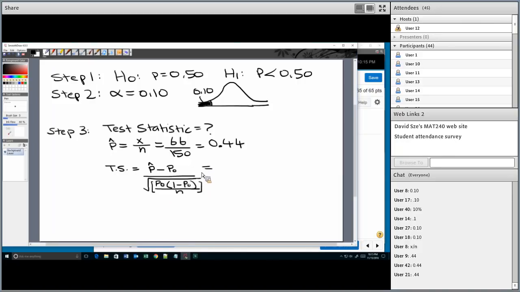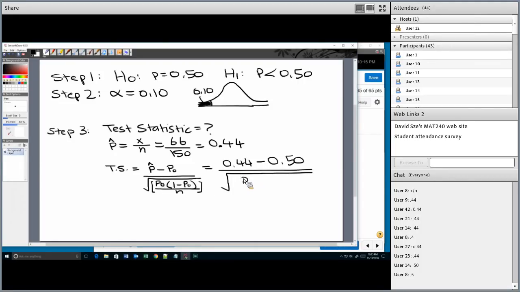It involves a little bit of calculation, but let me write the values and then it'll make much more sense. What is p hat here? 0.44. What is p naught in the problem? The p under the null hypothesis is 0.50. Now I'm going to write down the denominator.